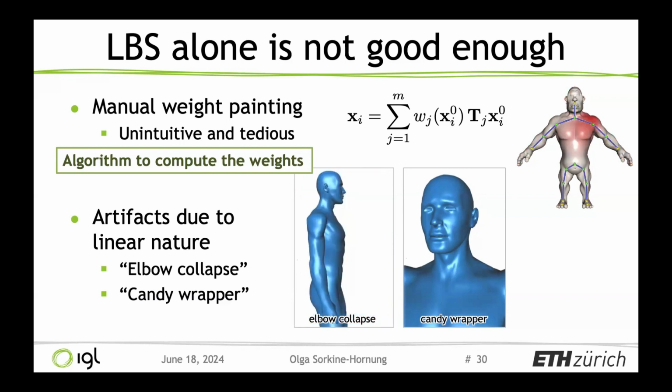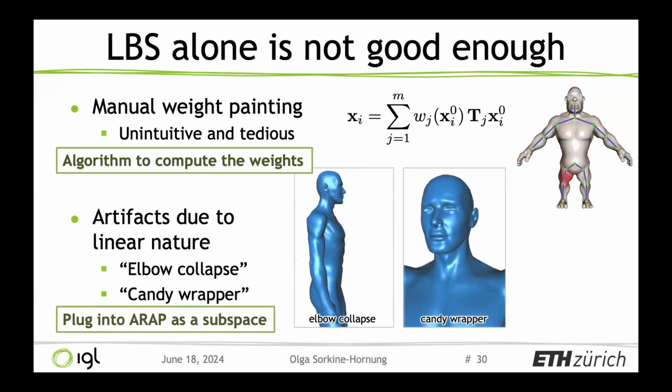We're getting a collapsed singular matrix. And the same thing might happen with twisting transformations, as you see in the right video here. So we somehow need to solve these artifacts called elbow collapse and candy wrapper in the industry jargon.